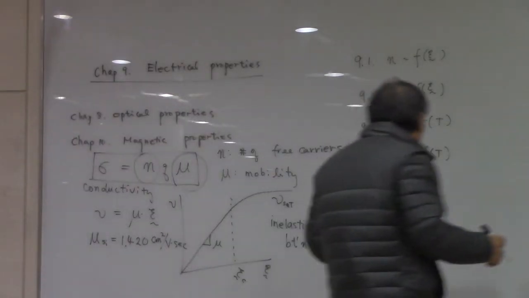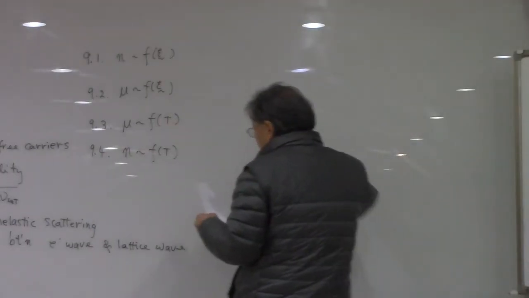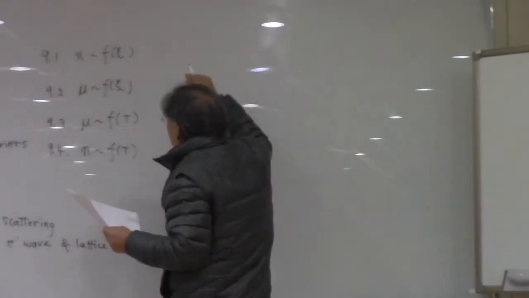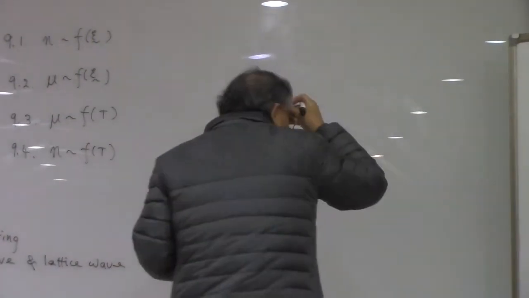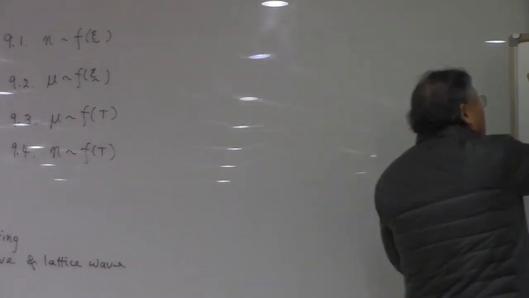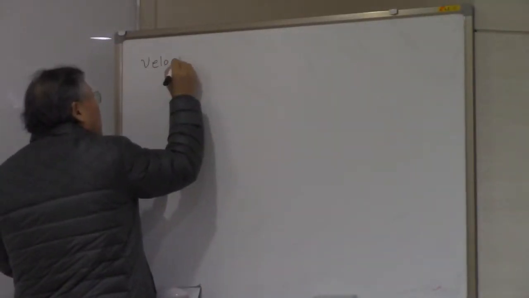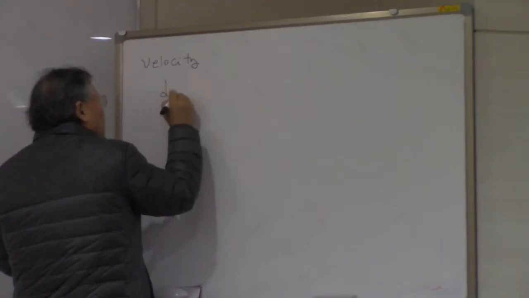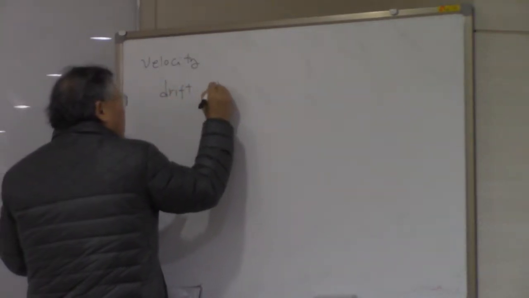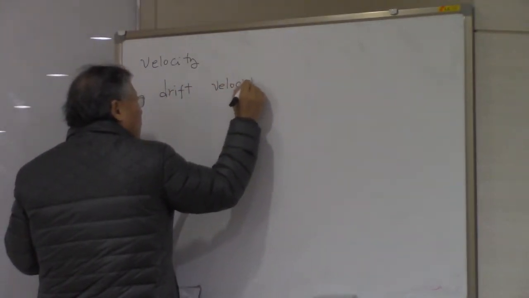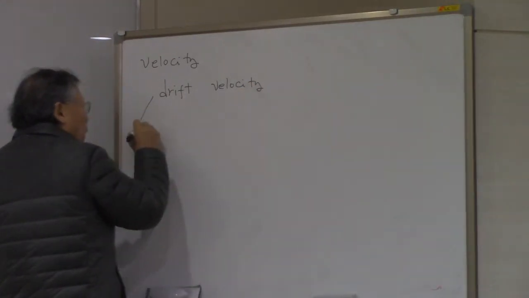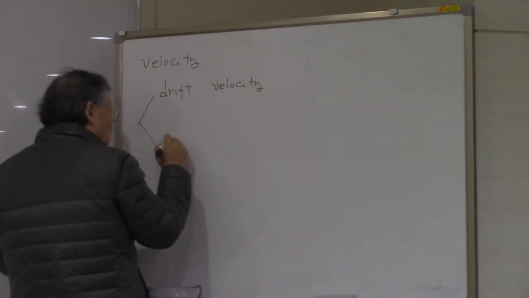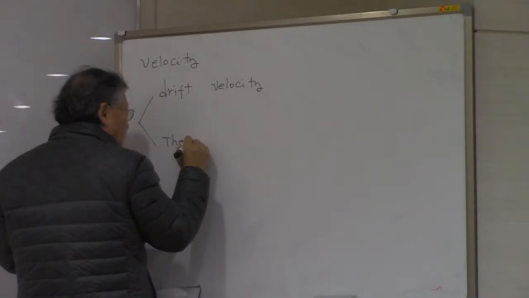Now, as far as velocity is concerned, we're going to have two velocities. One is the drift velocity, and the other is the thermal velocity.